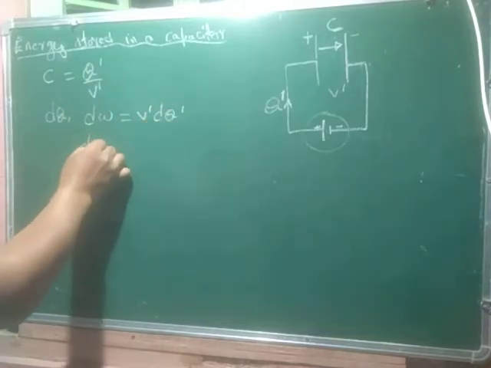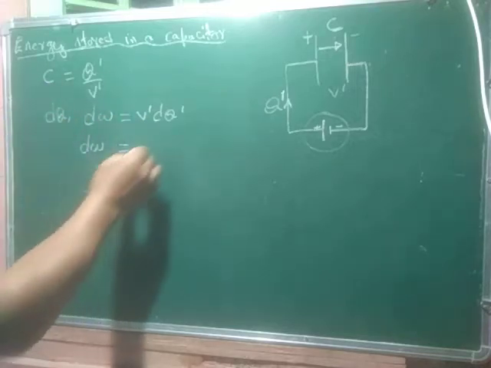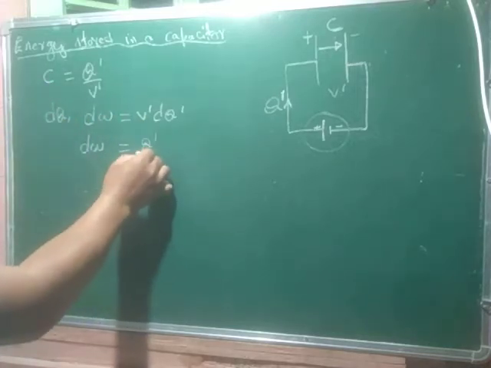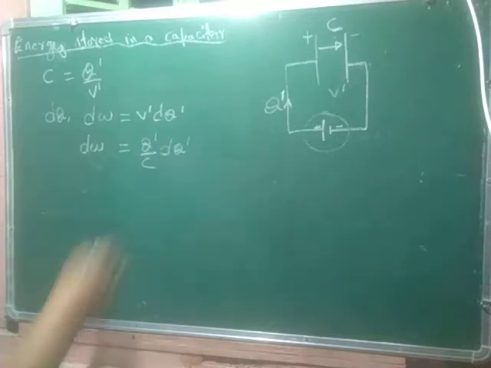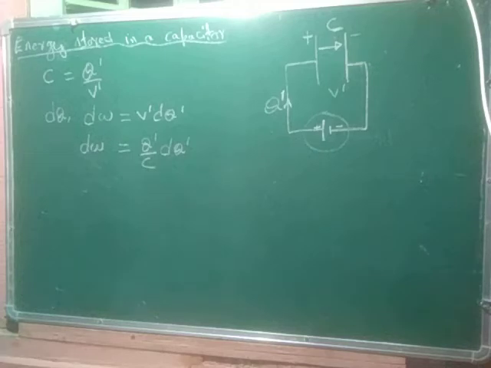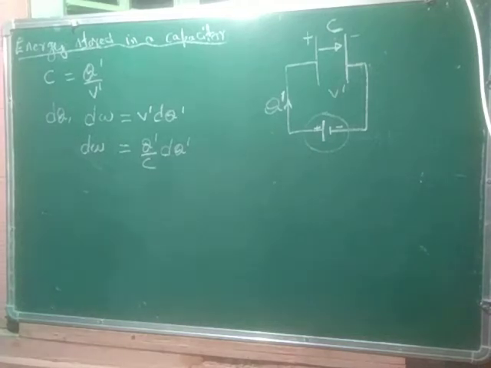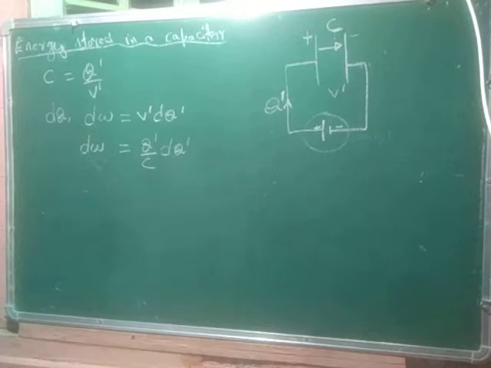Or we can say dW equals, instead of V dash, Q dash upon C times dq dash. This is the small work done to charge the capacitor, when a charge dq dash is given to the capacitor.